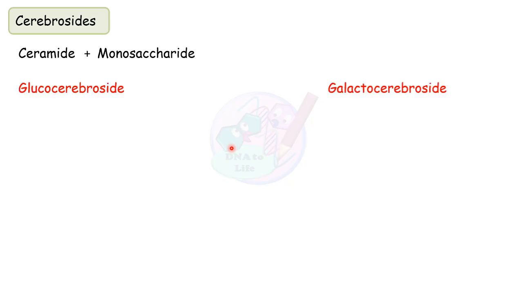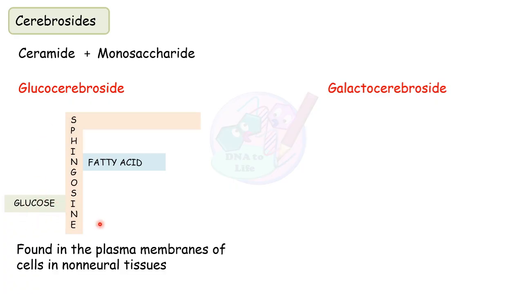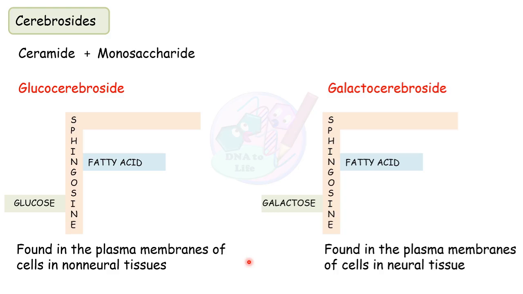There are 2 types of cerebrosides on the basis of their different sugar unit, glucocerebroside and galactocerebroside. In glucocerebroside, the monosaccharide unit present is glucose, and it is found in the plasma membrane of non-neural tissues. And the second one, galactocerebroside, has galactose as the monosaccharide unit, and it is mostly present in the plasma membrane of neural tissues.